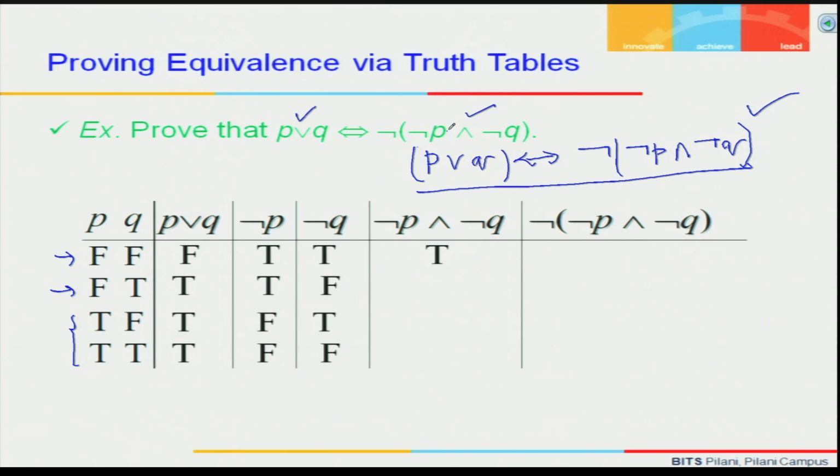Then not P and not Q is just applying not to this particular column. Not of true is false, not of false is true, not of false is true, not of false is true. That is how we found it out.